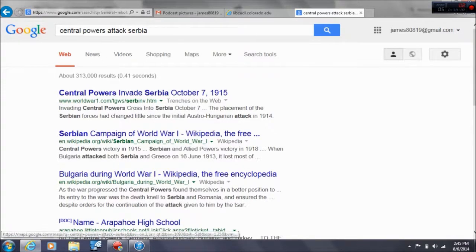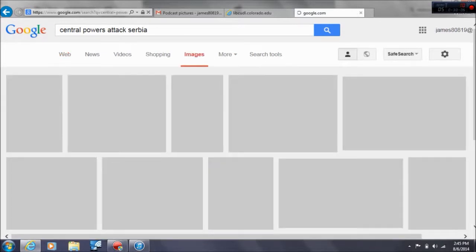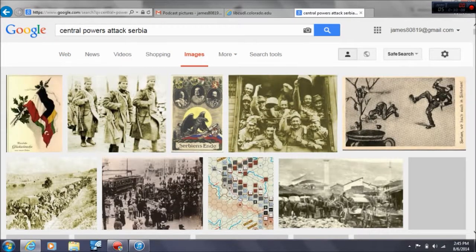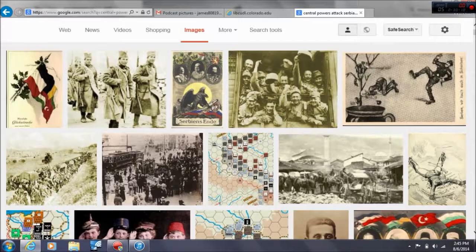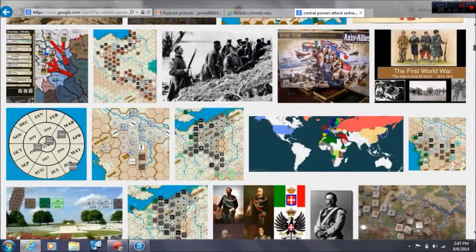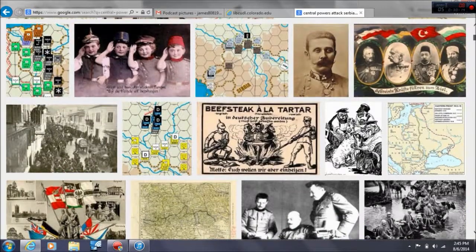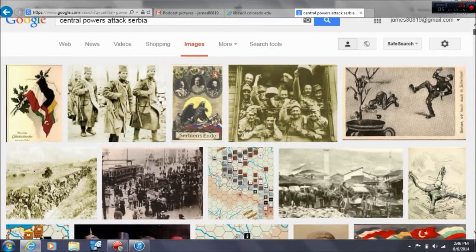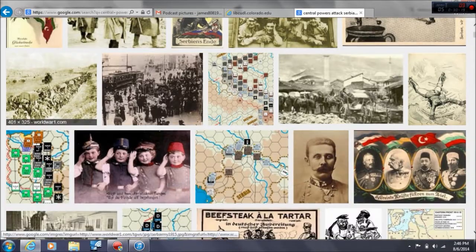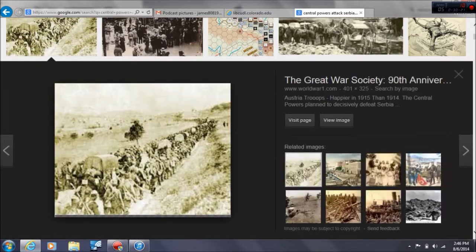So these are advancing Austrian troops here.